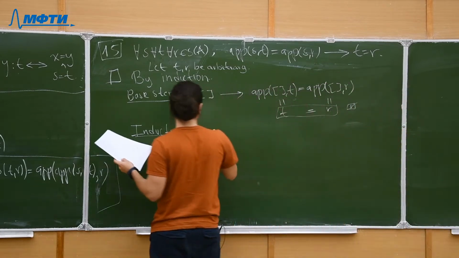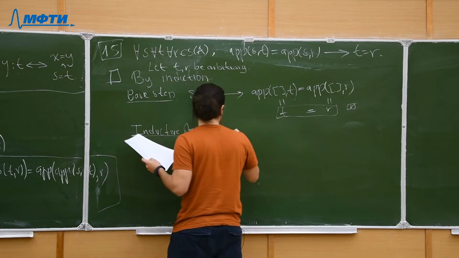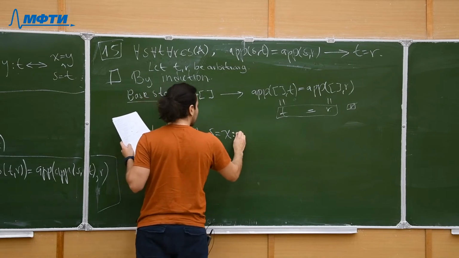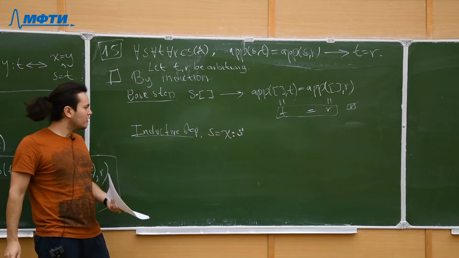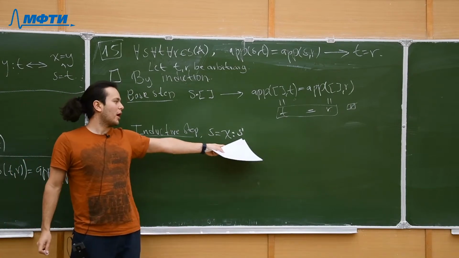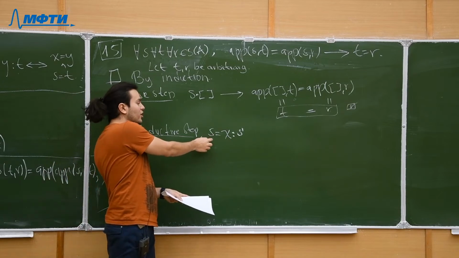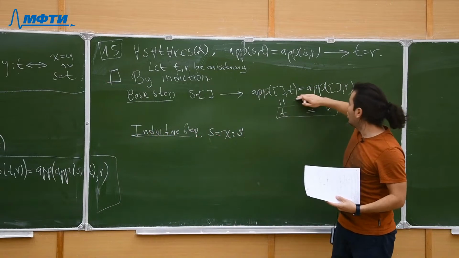What does it mean that S is any non-empty string? It means that we can represent it as x column S prime. If S is non-empty, then there exist some S prime and x such that we can express this string in this way. Now we have to apply all this for this one.